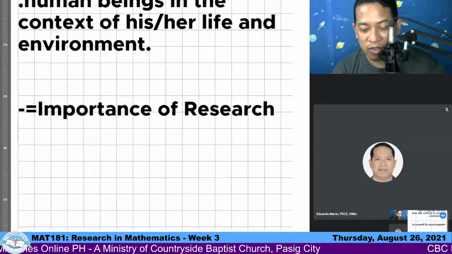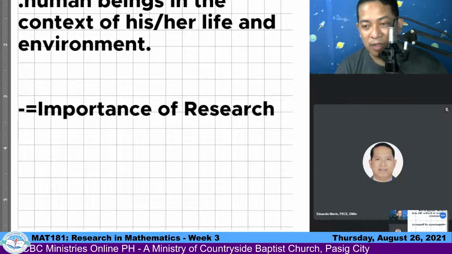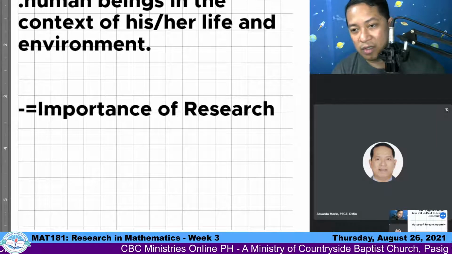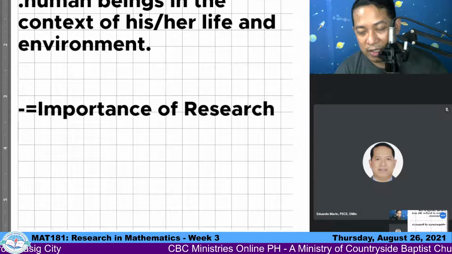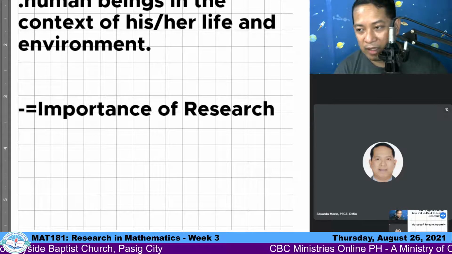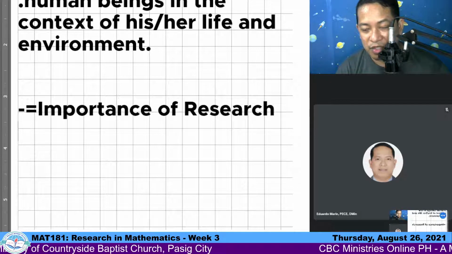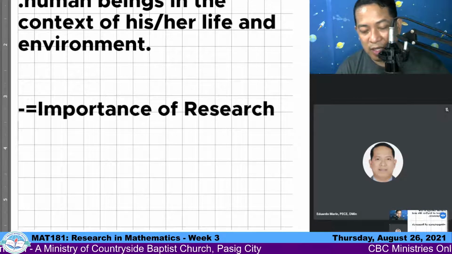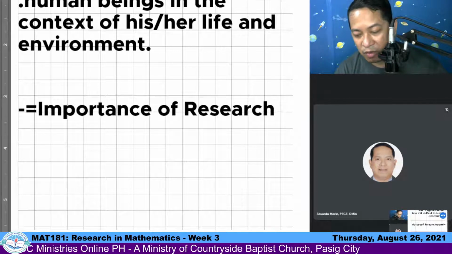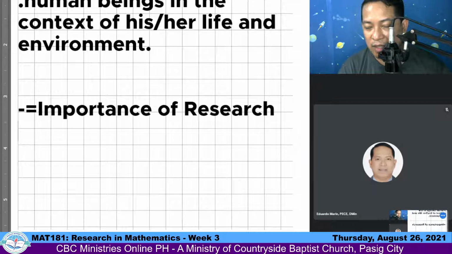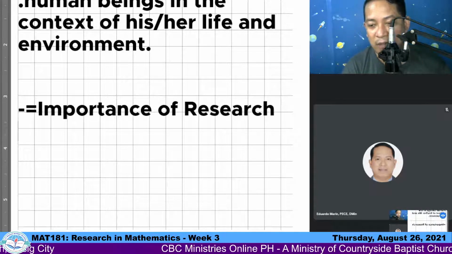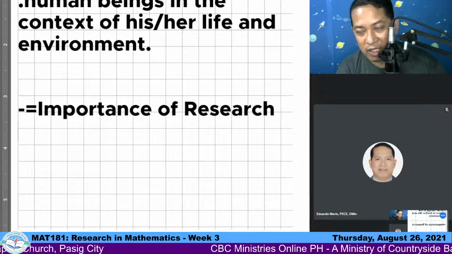Perhaps that's also the advantage of K to 12, where there are research-based courses even in the senior high school level, so that they may have an idea on this scientific inquiry, investigation, and to undertake this research process. And this would have an impact or an implication to the study itself, contributing to the body of knowledge, some new paradigms, or perhaps a new knowledge per se.